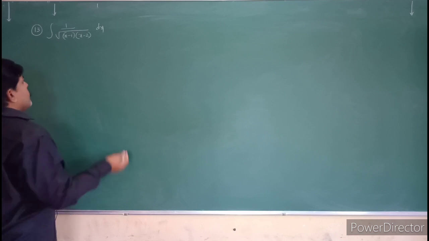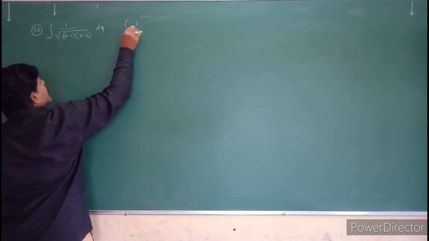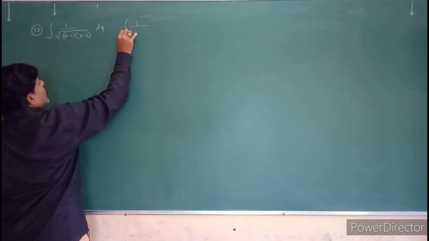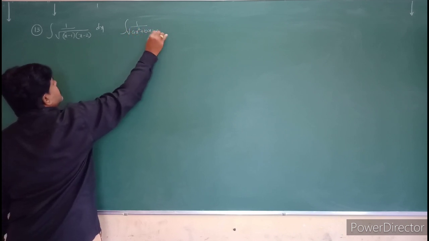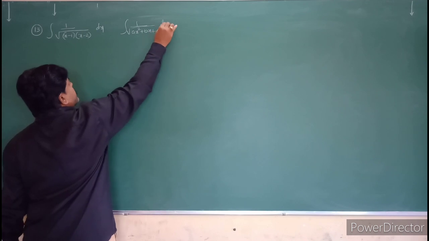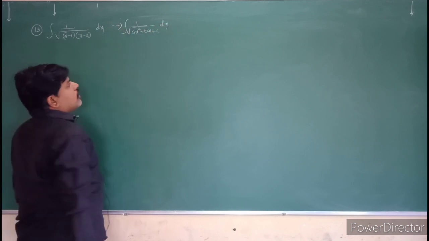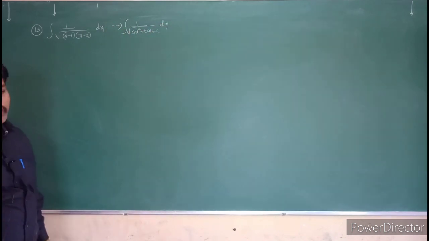So it is also in the same model, students. Integral of 1 by root of ax square plus bx plus c form into dx. That is a previous model question.